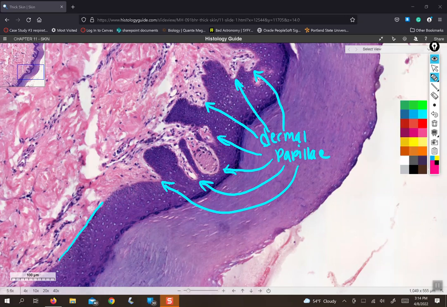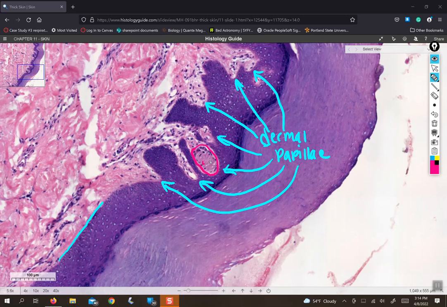So what you're going to notice is there's this sort of thumbprint-like clump of cells inside of this particular dermal papilla. And if you look at it, you'll notice that in the center of it, there are no cell nuclei, and the cell nuclei are kind of pushed off to the side. And it looks like a little thumbprint.